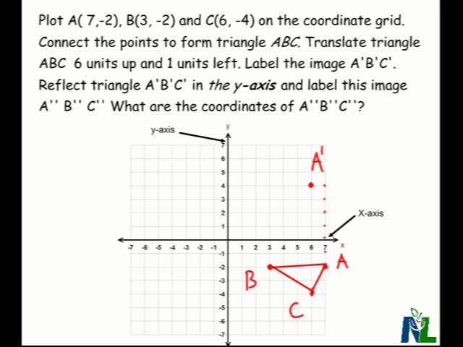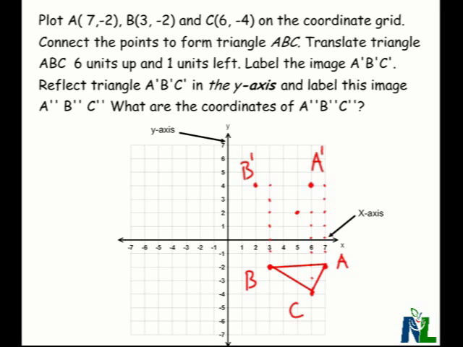We will do the same thing for point B. We will move this one up 1, 2, 3, 4, 5, 6 up, and 1 left. So its new position would be right here. We will label this B prime. We will do the same for point C. 1, 2, 3, 4, 5, 6 points up and 1 left.